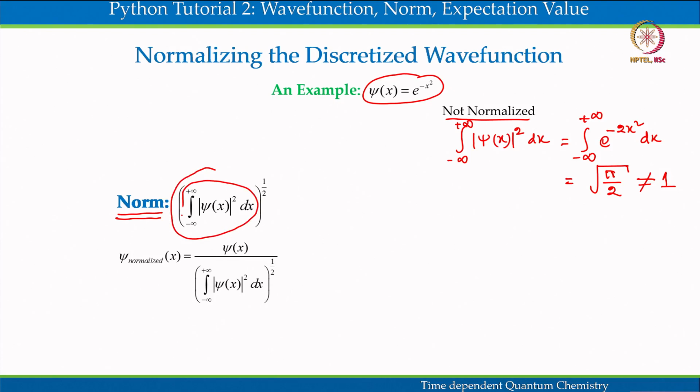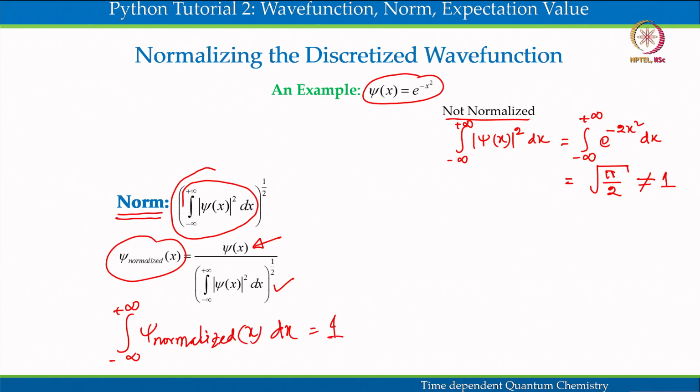And once we get the norm, then we divide the wave function, which is not normalized yet, by its own norm to get the normalized wave function. And then if I do the integration from minus infinity to plus infinity of psi normalized squared, this should give me 1. So that's the procedure for doing normalization.